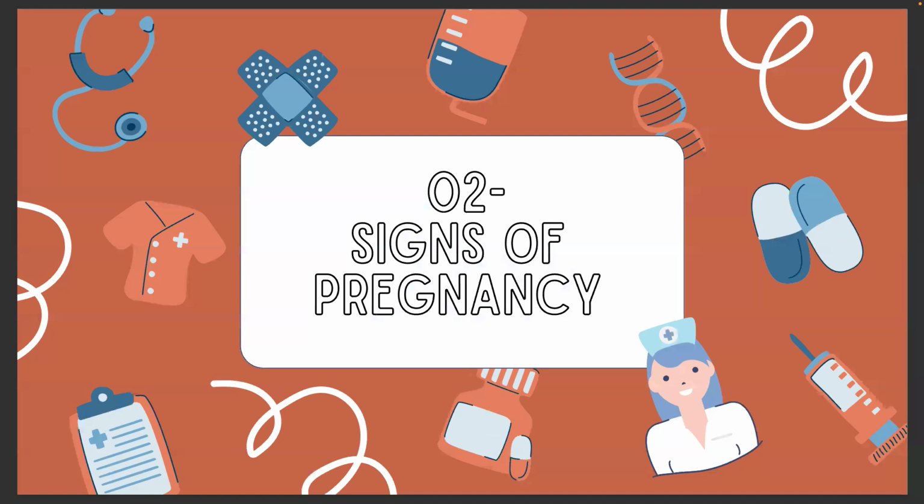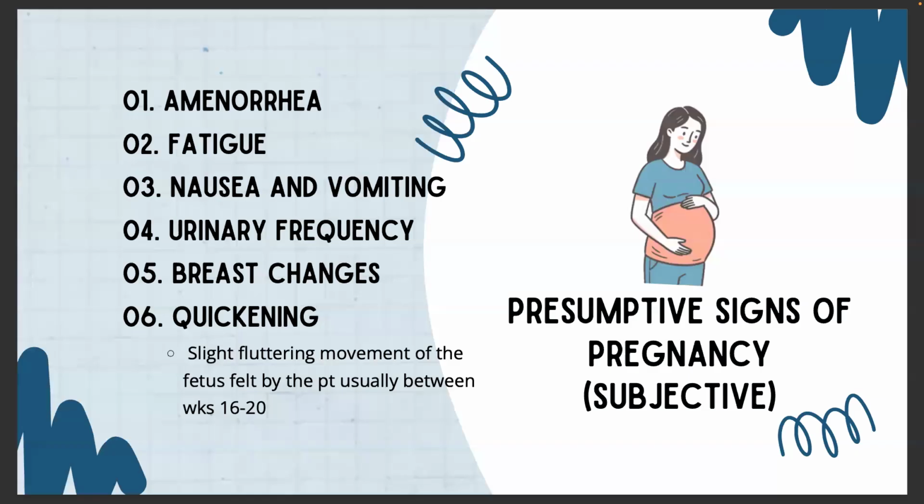Here's the second portion of this lecture, the different signs of pregnancy. So these are the presumptive signs of pregnancy because it's specifically relying on what the patient is reporting and what they suggest is pregnancy, but it's not a diagnosis on their own. Amenorrhea is one of the first presumptive signs of pregnancy because your patient has now missed their period.